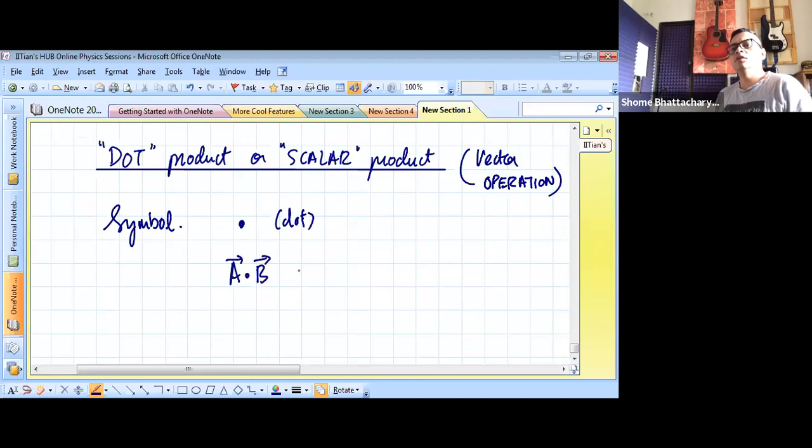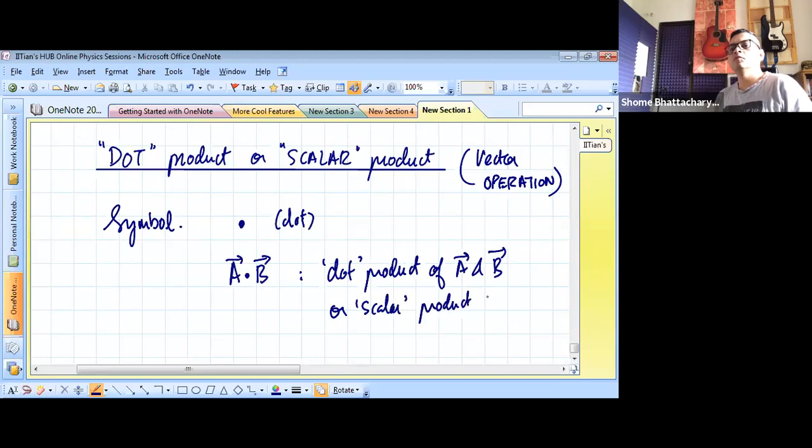So this symbol stands for dot product of vector A and B, or we can say it is scalar product of A and B. Note that we don't call it multiplication because this is not the same thing as multiplication.